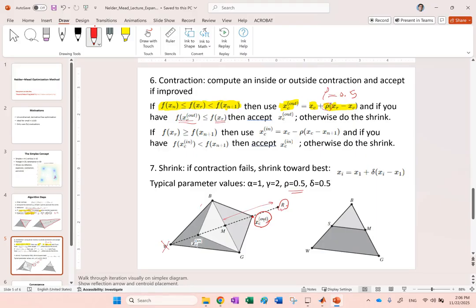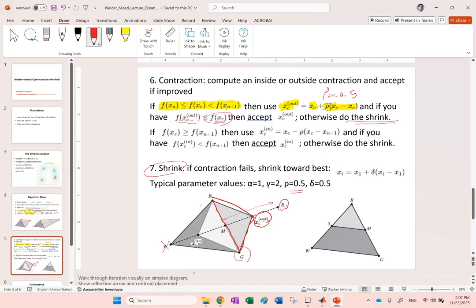So if this one is better than that, even if it doesn't beat the second worst, but still better than the reflection, I'm going to accept it. And as I said, I'm going to go with basically this triangle. Good. If this contraction does not give me an improvement, then I directly go to the last step, which is shrinking.